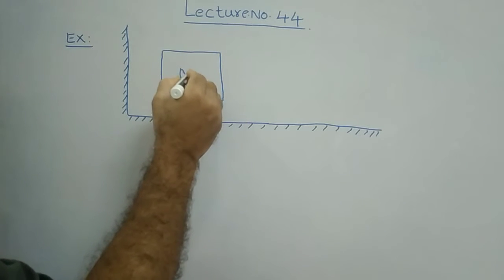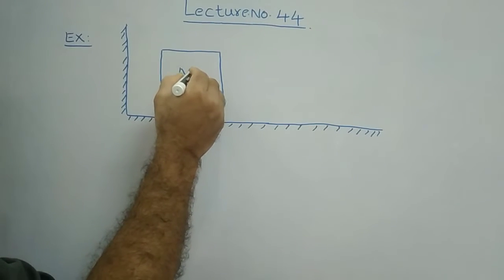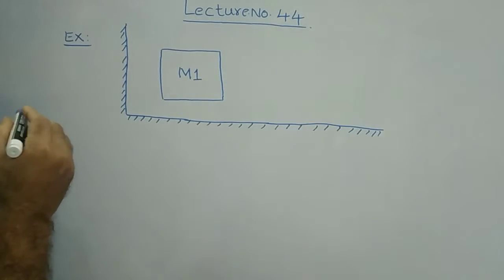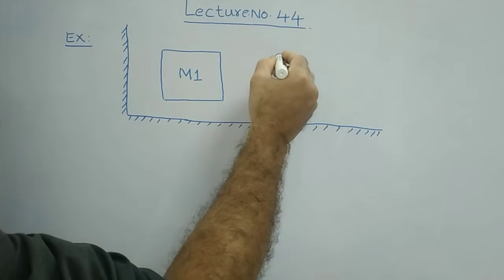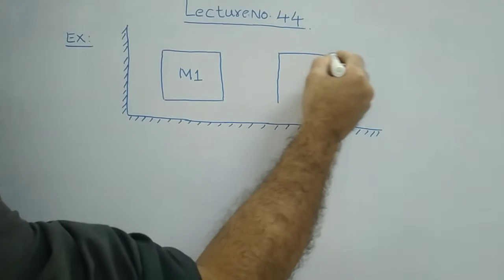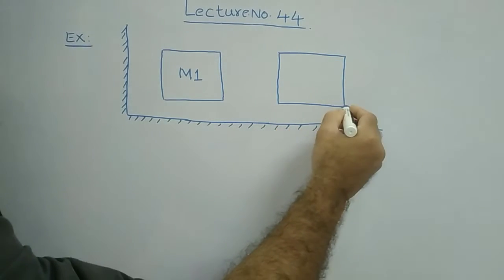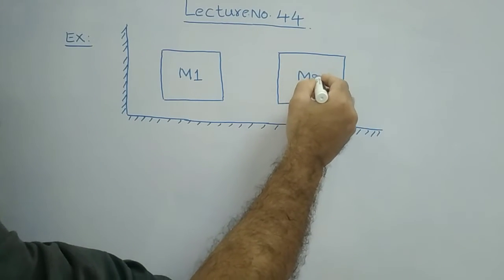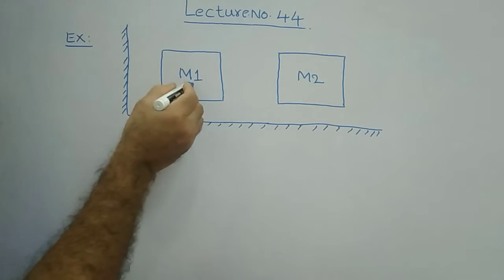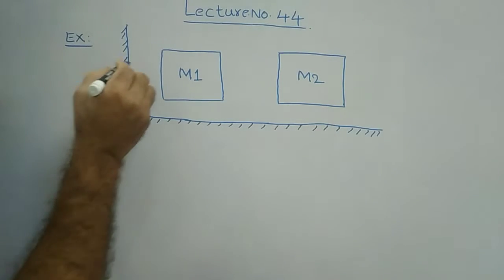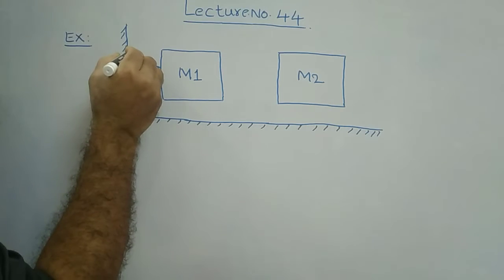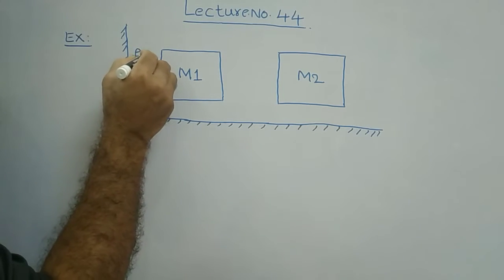This is M1, and one more block, M2, the mass element 1 and mass element 2. Here the force F of t is applied.